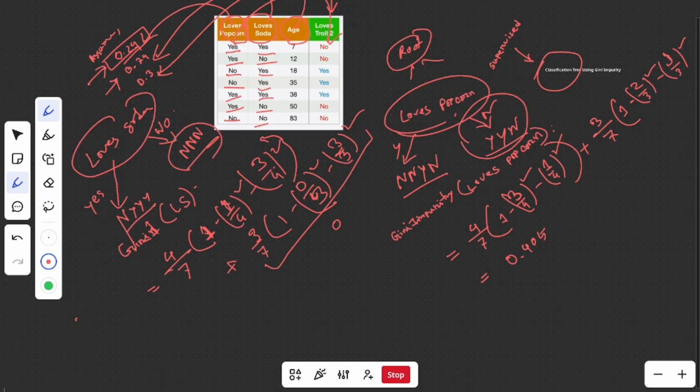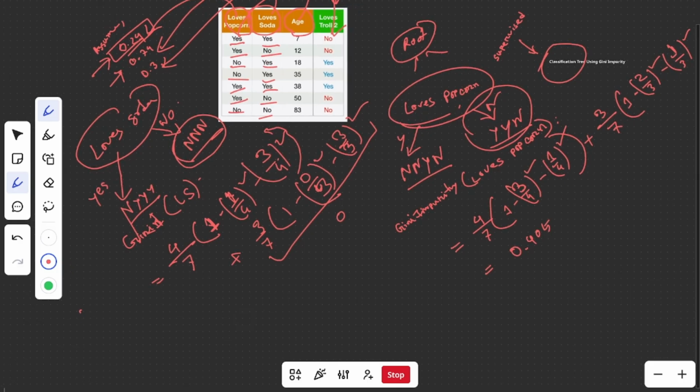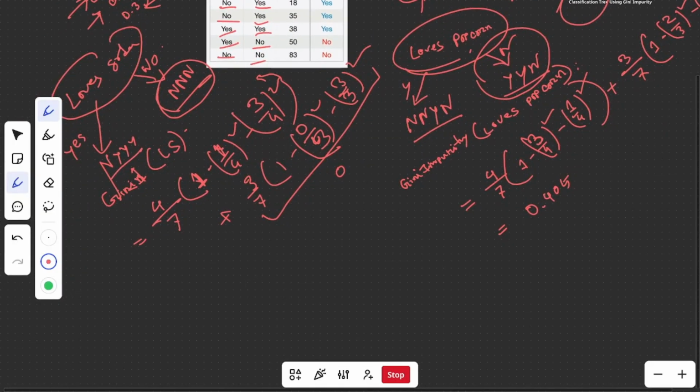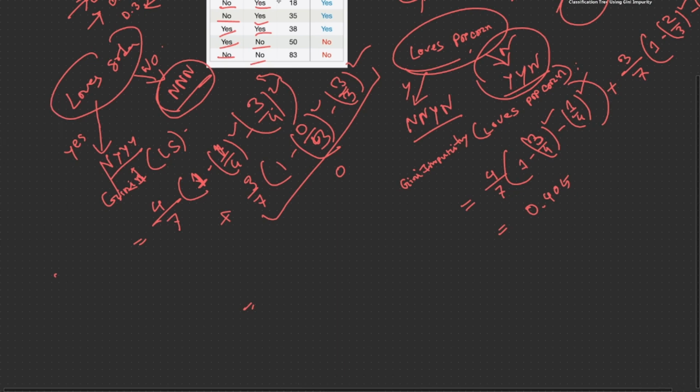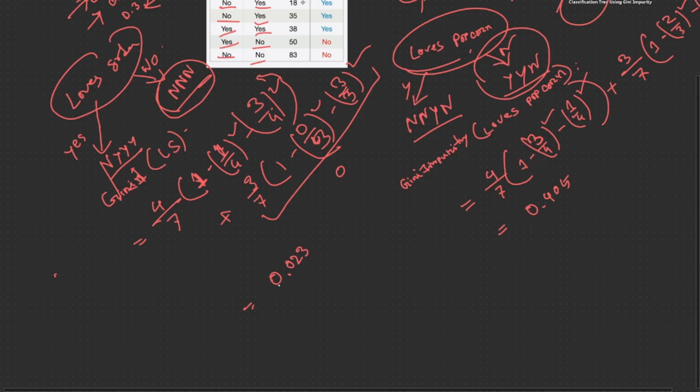Here you can see there is no mixing, so this is less polluted or there is less impurity here. So after counting we get the result like 0.023, something like that, or we're just assuming for not wasting our time.